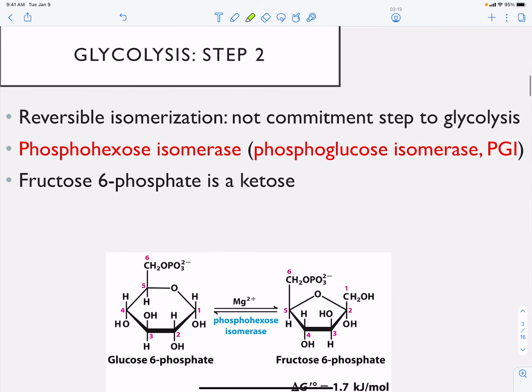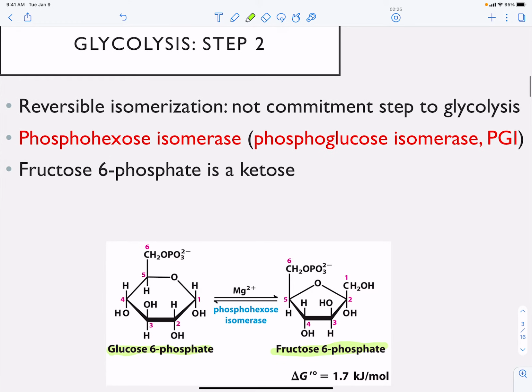Now, the second step of glycolysis is going to be a reversible isomerization. This is where you're going to go from glucose 6-phosphate to fructose 6-phosphate. And what's important to point out here is in glucose, you have 5 of your 6 carbons that are part of the ring structure. In fructose, you only have 4 of those carbons.